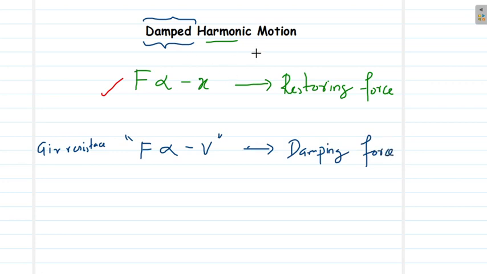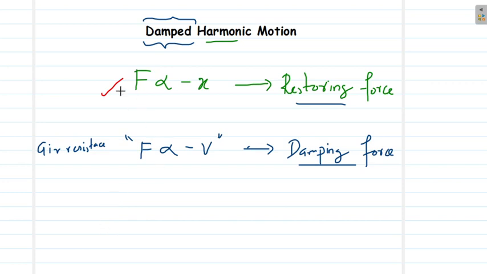In a damped harmonic oscillator, both these forces, the restoring force and the damping force, are acting together. So in the case of damped harmonic motion, the total force acting on the system, F, is proportional to both x and v. Before that, let me modify these equations.